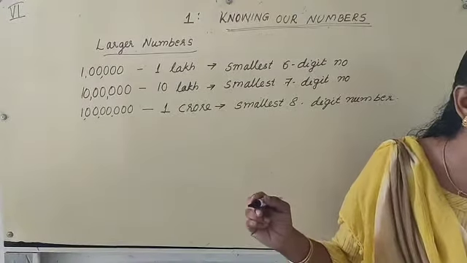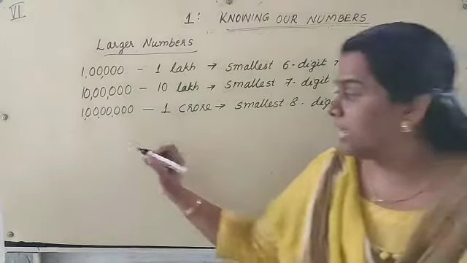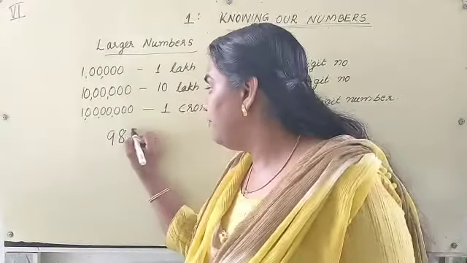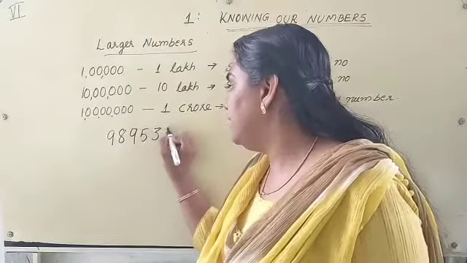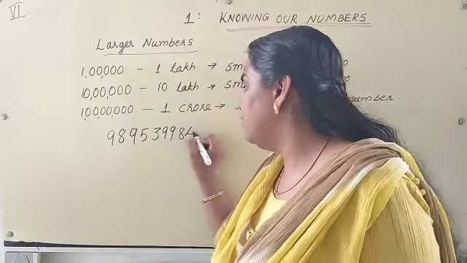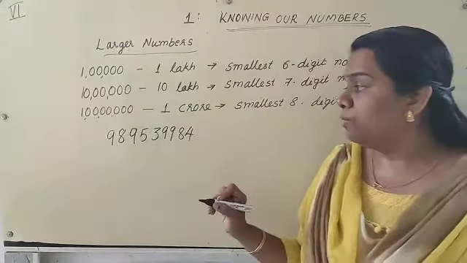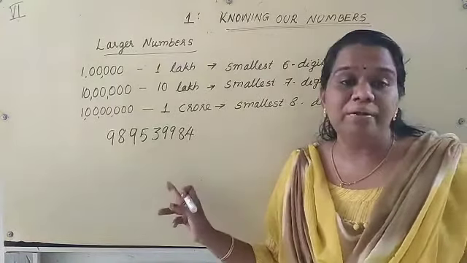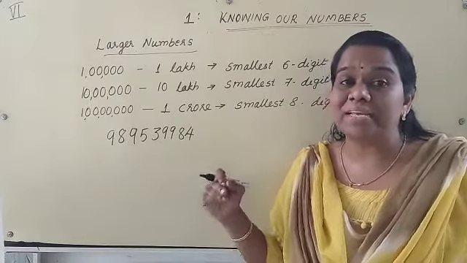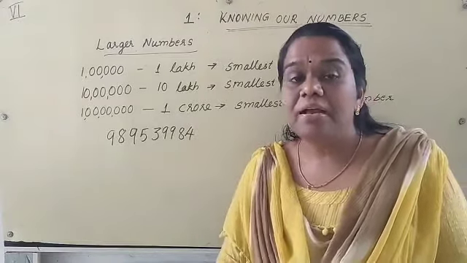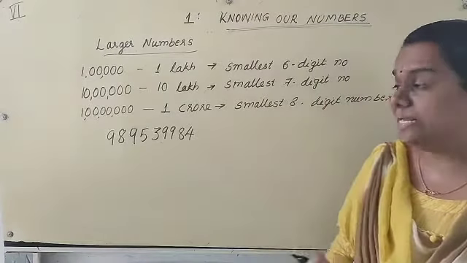Let us try to read some larger numbers. Shall we? 9, 8, 9, 5, 3, 9, 9, 8, 4. How to read the number? If you want to read the number, you can assign some commas. Commas help you to read the numbers.